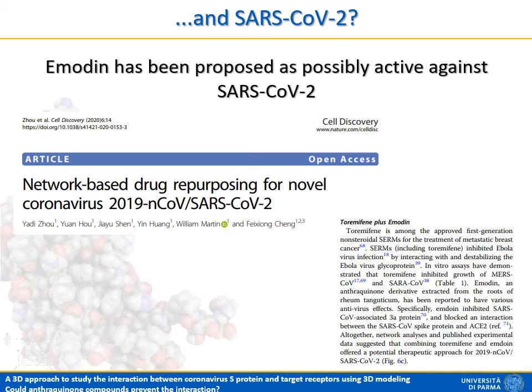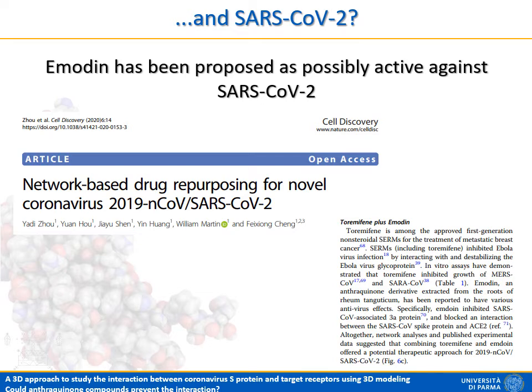And in that direction, there are some data in the literature supporting the use of Emodin in a co-treatment to fight and to counteract the infection of the new coronavirus.